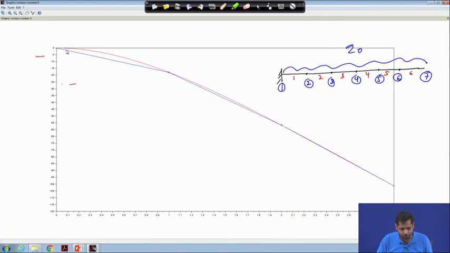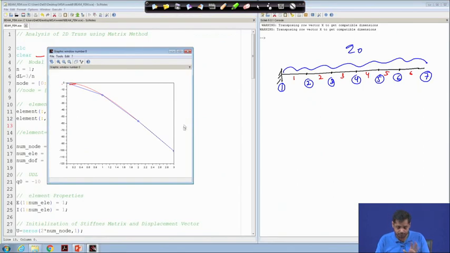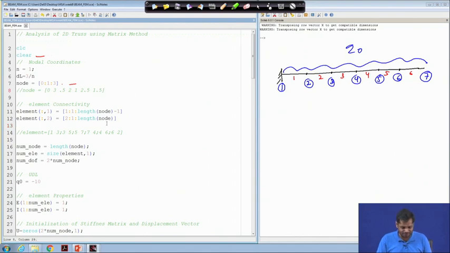The blue line is not important here, because it is just those points joined by a line, and that is not the real representation of the solution. The red one is the actual solution, and the dots are obtained from the analysis.